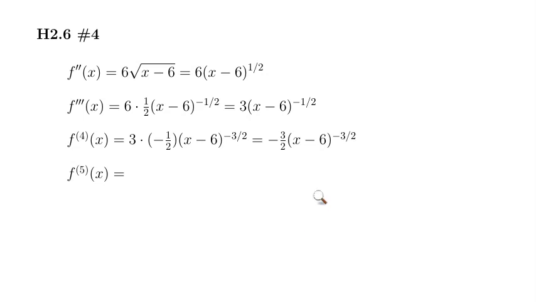Now the last derivative. I'm going to put negative 3/2 outside, then multiply by another negative 3/2, and keep the same quantity, which is x minus 6.